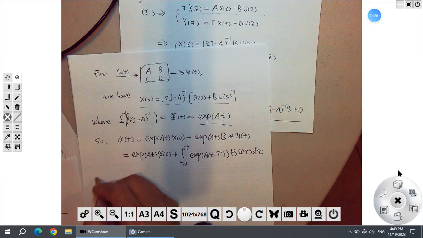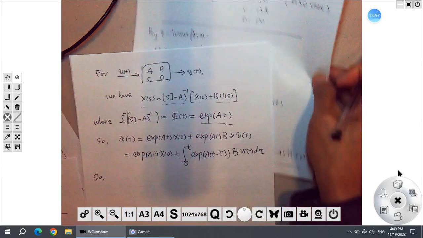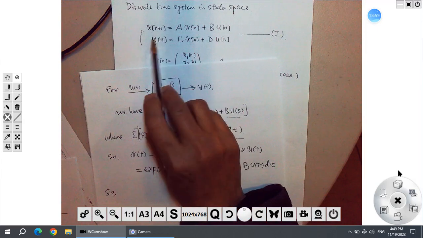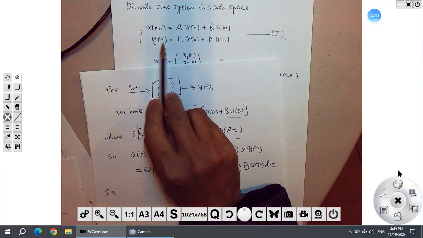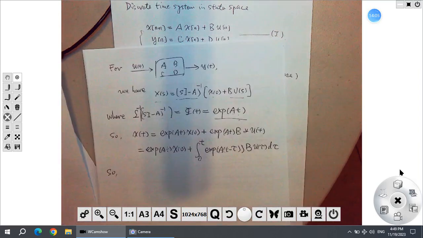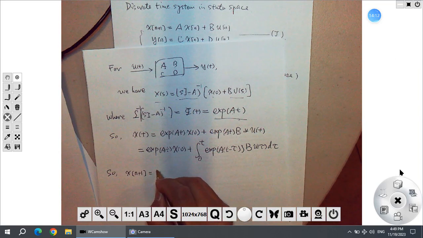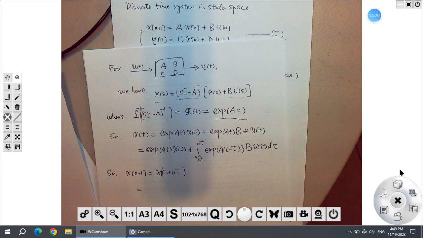All right. So x of n plus 1. We want x of n plus 1, right? We want to have things that look like this. So x of n plus 1 and y of n plus 1. So here x of n plus 1, which is x of (n plus 1) times T, equal to, a little bit confusing, both are x.